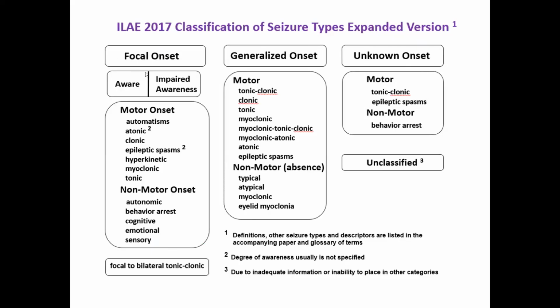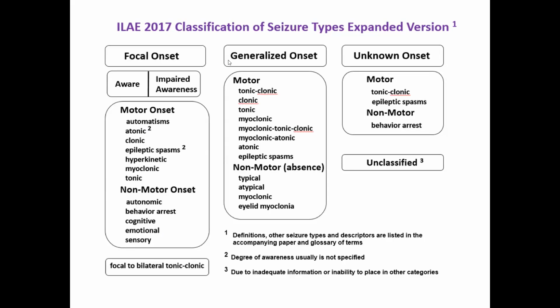Then when it's a focal onset seizure, you classify it based on the awareness, whether the awareness is impaired or not impaired. And then further, you can classify it into motor and non-motor. Focal onset motor, you have the tonic, clonic, atonic, and myoclonic, and these other small ones. Non-motor onset, you have the autonomic, cognitive, emotional, and sensory.